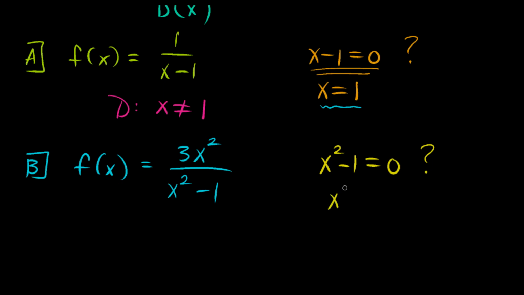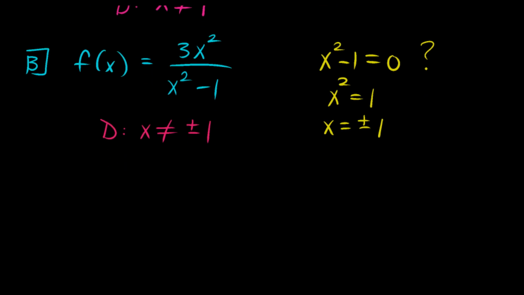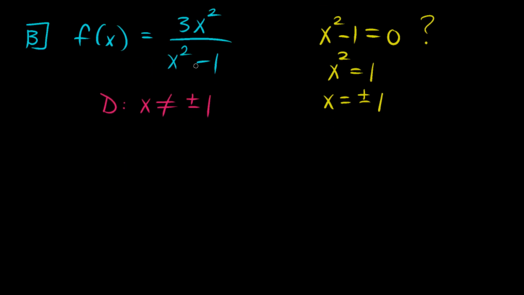Well, if I add 1 over and take the square root of both sides, I get positive or negative the square root of 1, which is positive or negative 1. That means my domain for this problem is x cannot equal positive or negative 1, because if it was either of those, we would be dividing by 0.